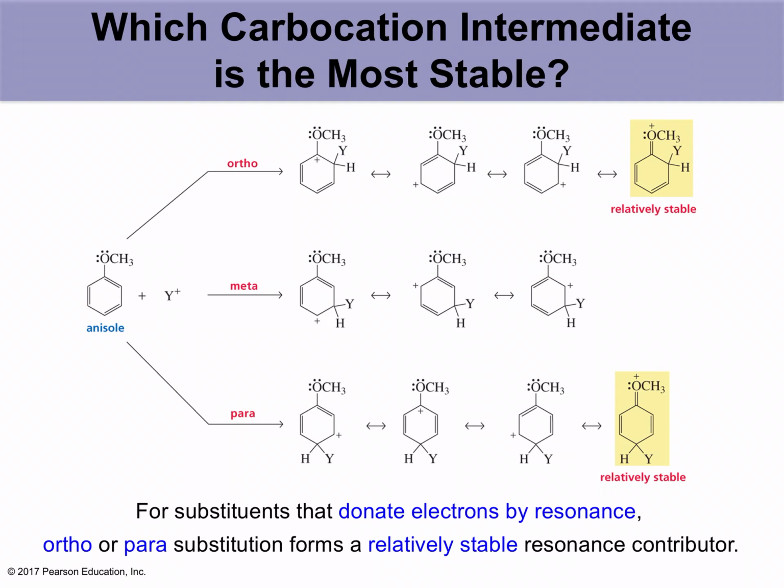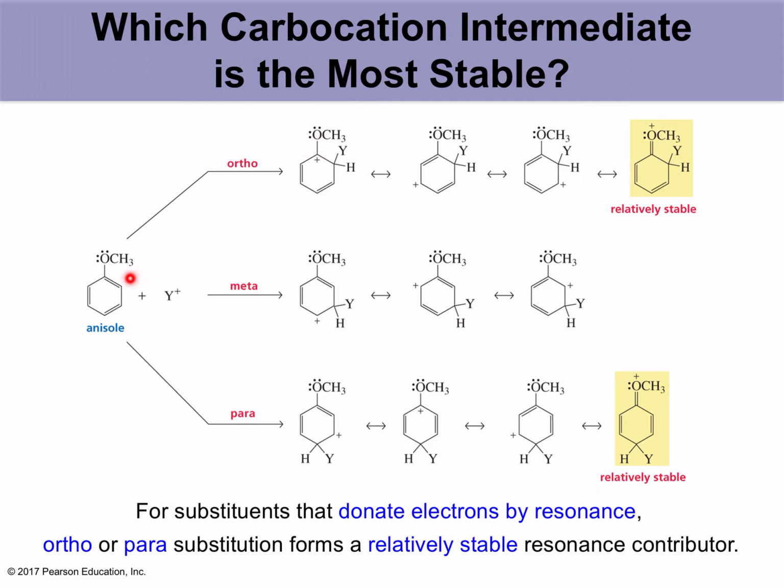Okay, so now let's see, if you have an activating group attached to the benzene ring, what happens when the substituent goes to these three different places? Which carbocation intermediate is the most stable?